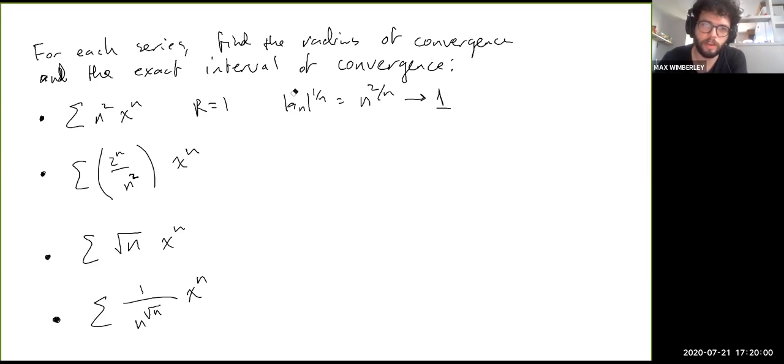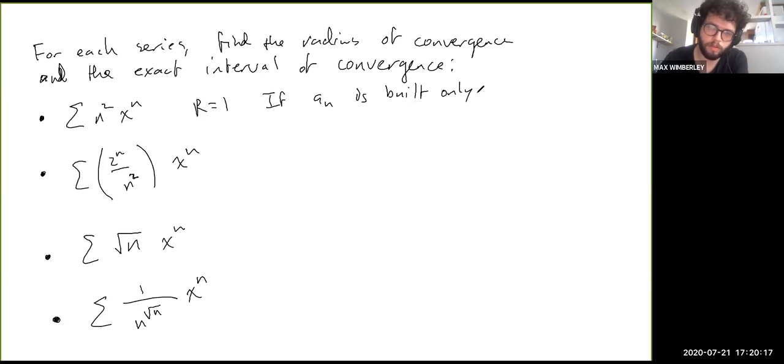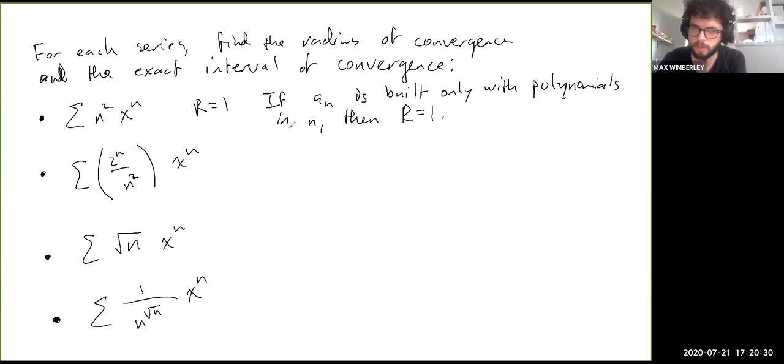But here's how I think about it when I look at it: if a_n is built only with polynomials in n, then r equals 1 pretty much always.